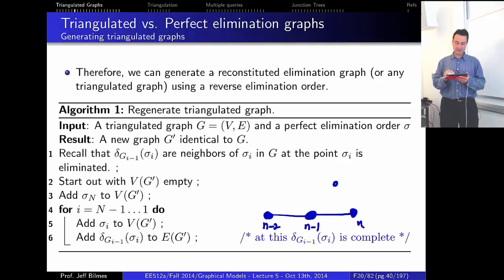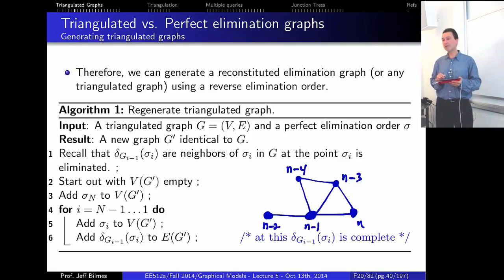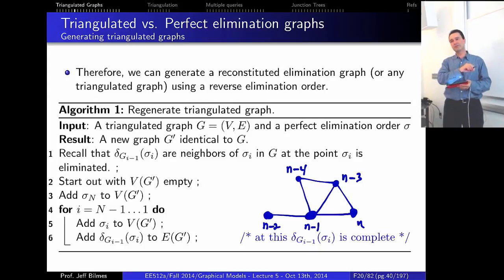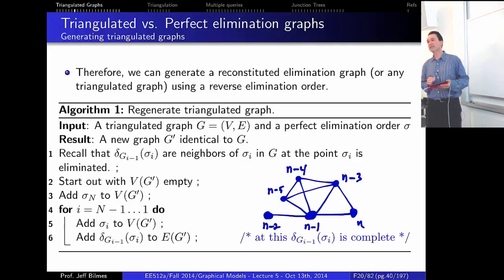And then maybe another node is connected to the set of neighbors. The key thing is that we're always connecting the newly added node to a set of fully connected nodes. So if this is n minus 5, we connect it to this one, this one, and this one. So is this a triangulated graph?